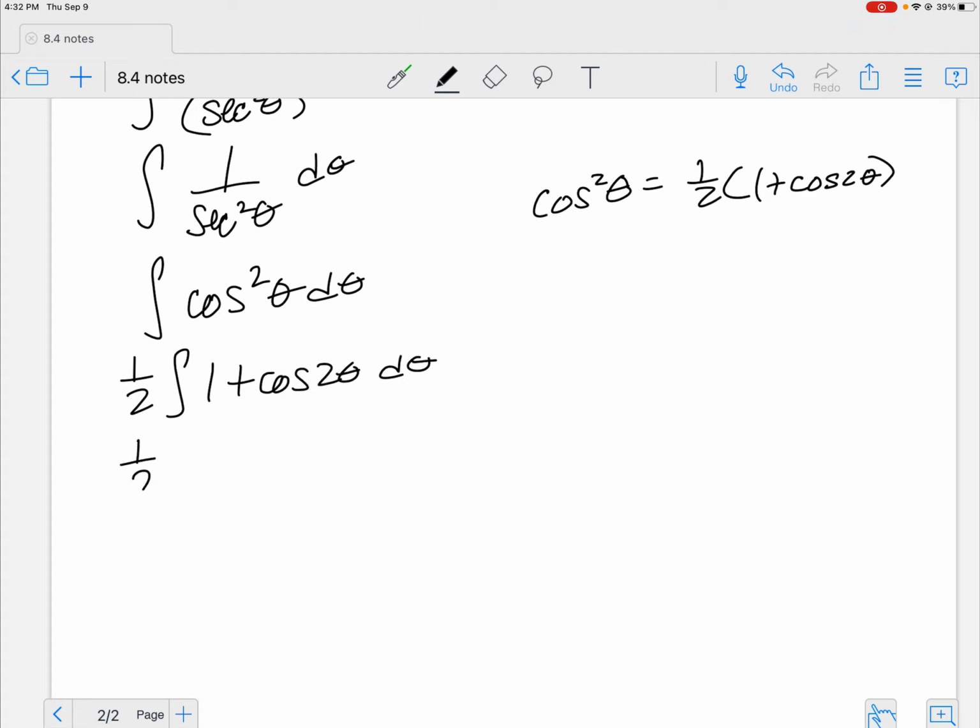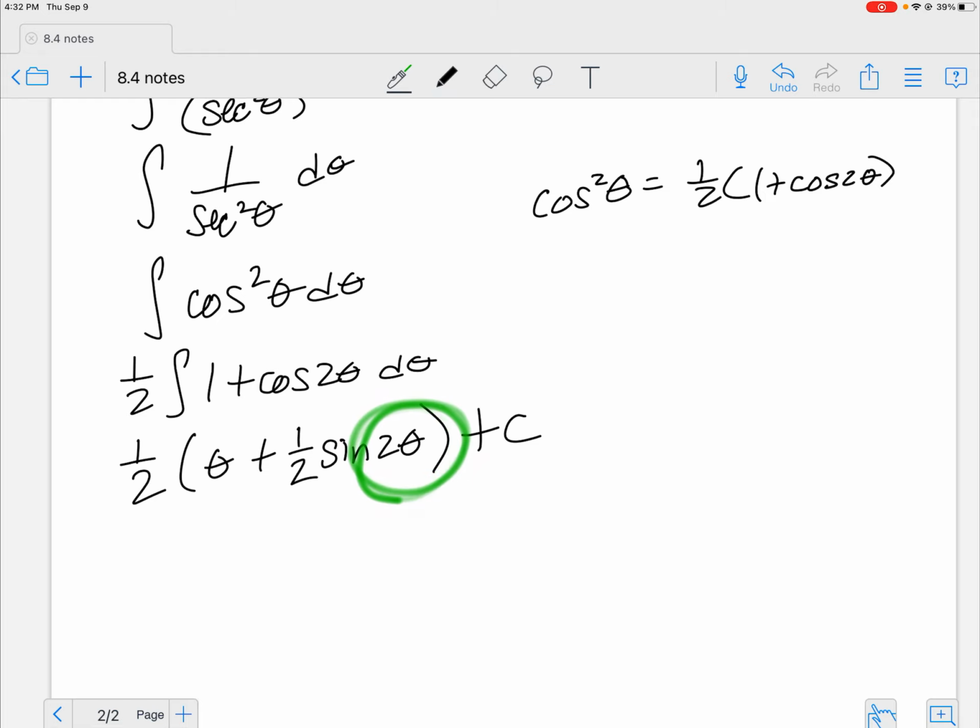And then we integrate. So I've got theta plus, and then the antiderivative of cosine is sine. But with that 2 on the inside, I have that 1/2 that's still there. Okay. Now I have this in terms of theta. But check this out. Double angle, right?